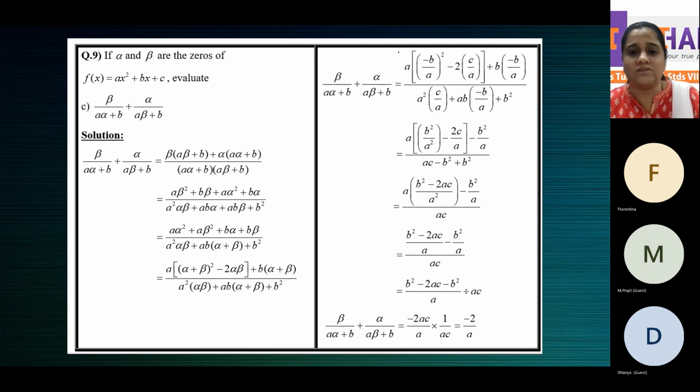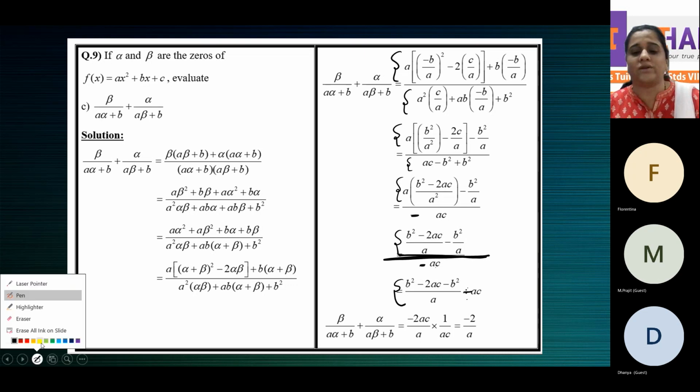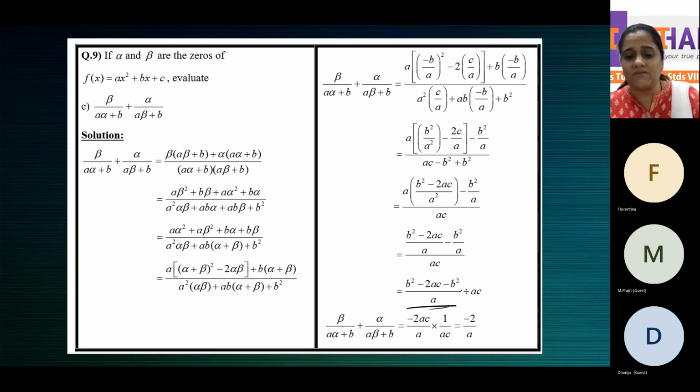Now see, this is the numerator, children, and this is the denominator. Please be careful. This is the numerator, divided by this denominator. I've divided by AC. I've written the numerator here divided by the denominator here.